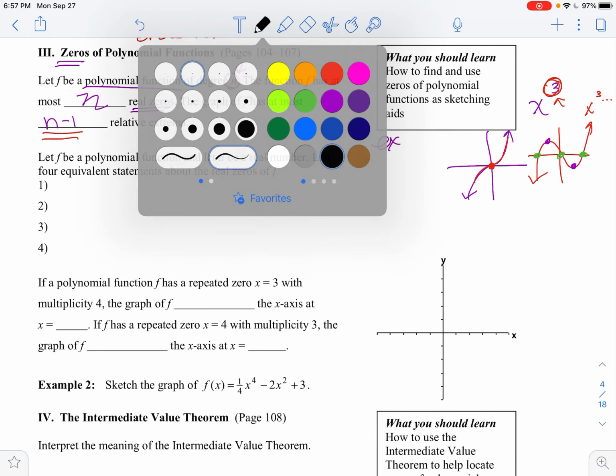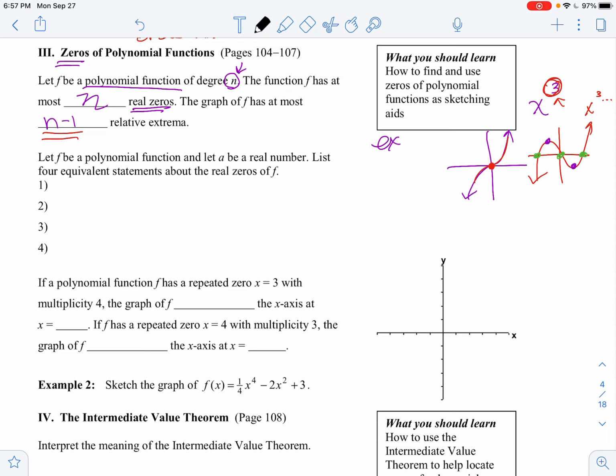Okay, so here's what we know. If we've got a polynomial function and a is a real number, we know x equals a is a zero of f of x. We know x equals a is also a solution to when f of x is set equal to 0.